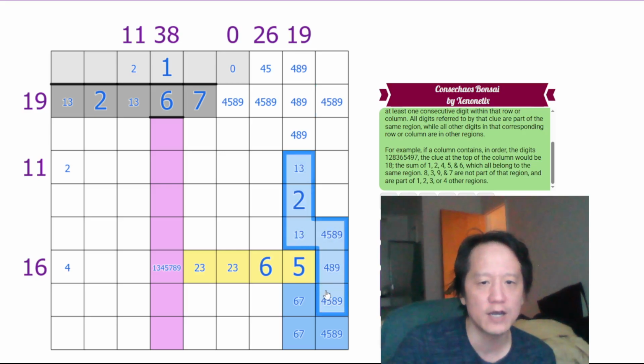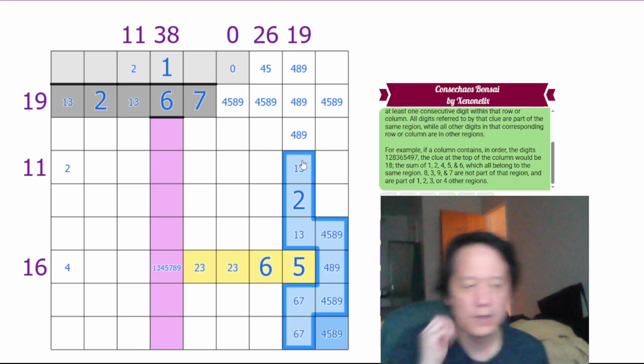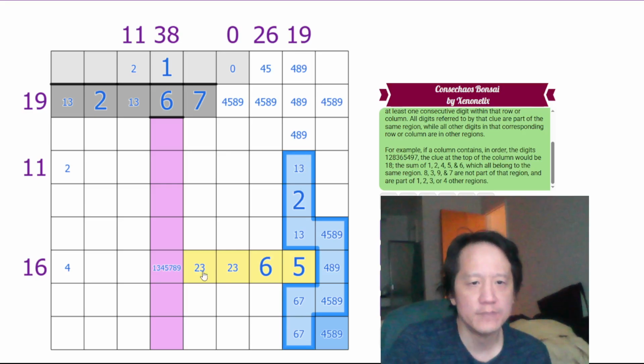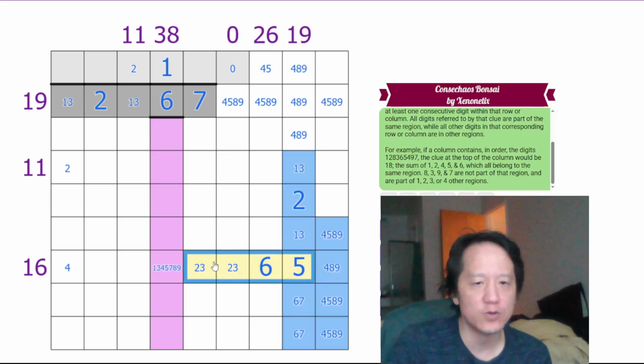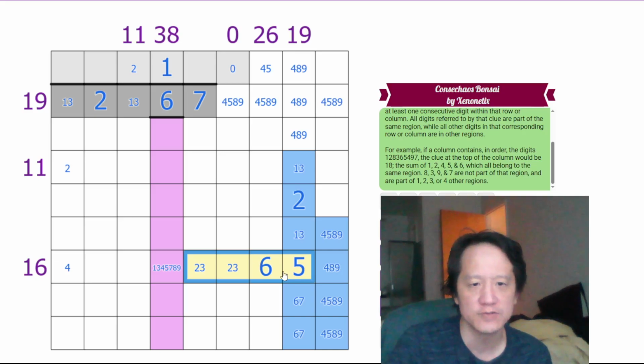If we try to have a scenario where the 4 digits that are part of this region, that's contained by this consecutive set, are on the right side, all 4 are on the right side.